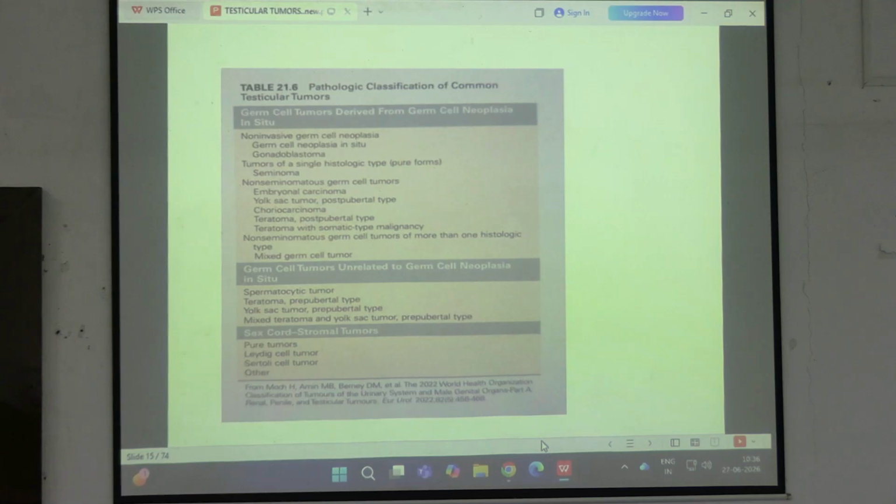Then what are the other tumors, the non-seminomatous tumors, which are usually mixed, and pure forms are rare? Embryonal carcinoma, yolk sac tumor, post-pubertal type, choriocarcinoma, teratoma, again post-pubertal type, and teratoma with somatic type malignancy. You cannot remember so much, at least remember teratoma and choriocarcinoma, okay?